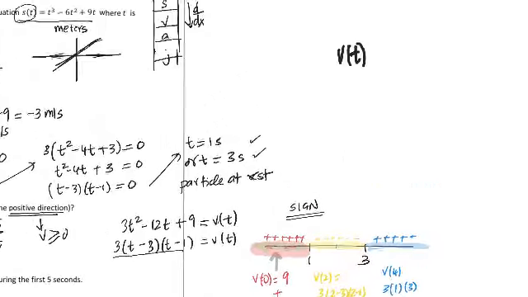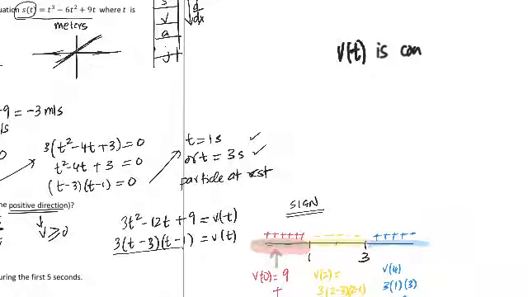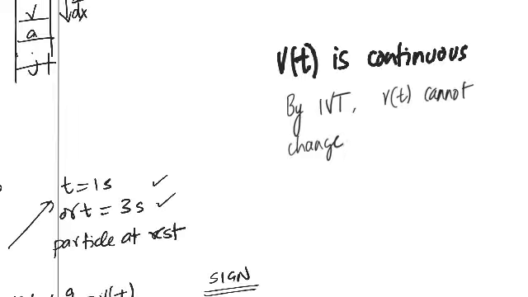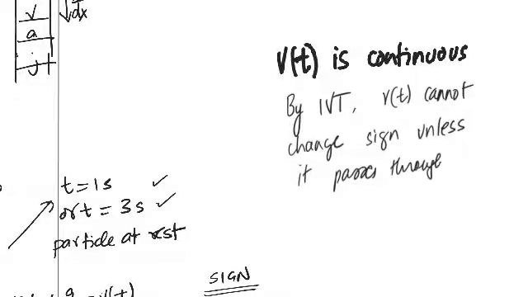You can see that both from the equation, which is a polynomial, as well as from the fact that it's a physical quantity, so it's going to be continuous. Well, once the velocity is continuous, we can say that by the IVT, v of t basically cannot change sign unless it passes through 0.